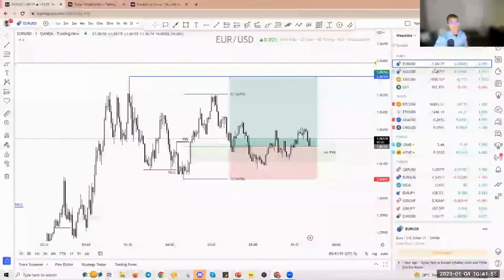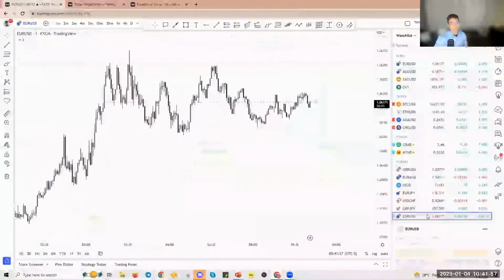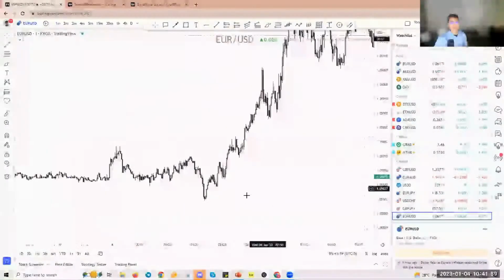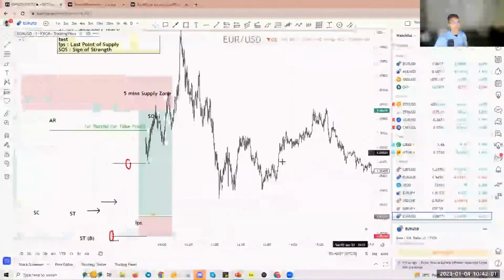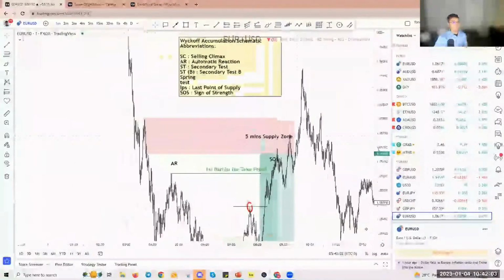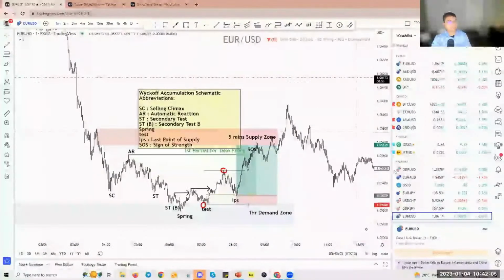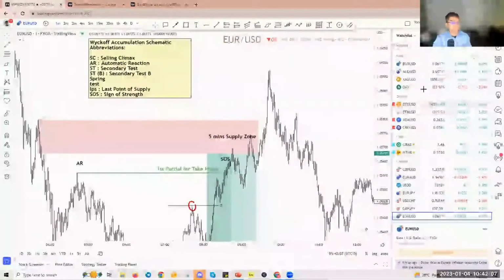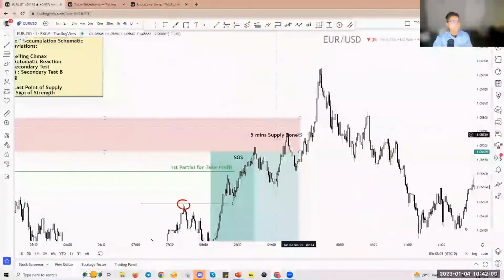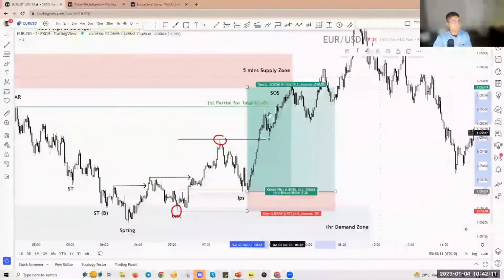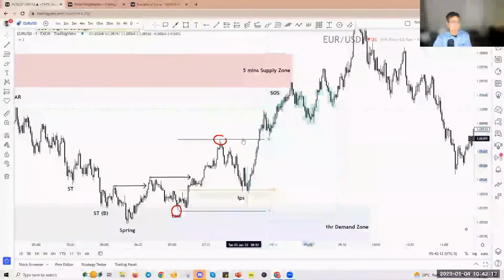Okay, next, let's move back to what we are talking about, the Wyckoff distribution schematic. So looking at this area, the same thing, prices already moved up. Next, I'll just delete this entire area out first.